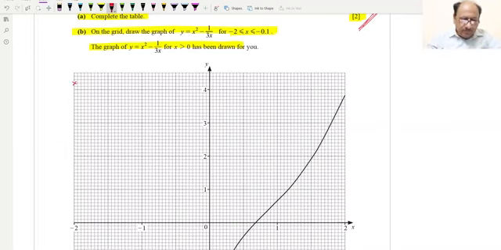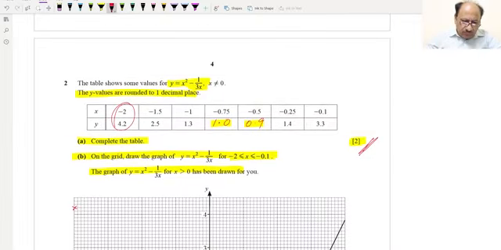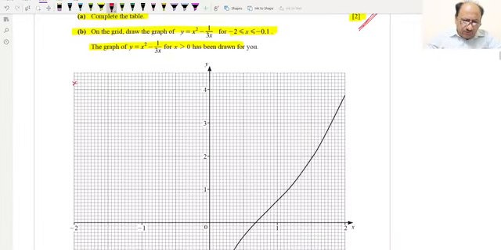Hopefully you are understanding. Then -1.5 and 2.5. -1.5 is this one, and 2.5 will be 1, 2, 3, 4. This will be 2.5. So we got the second point as well.